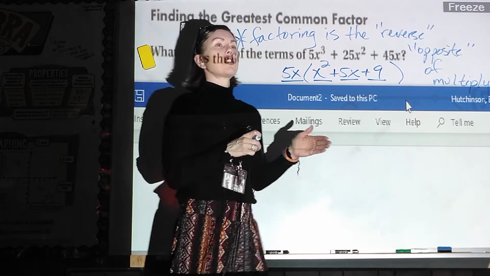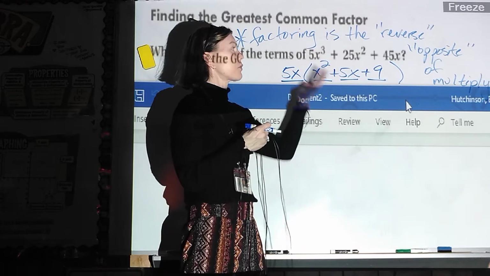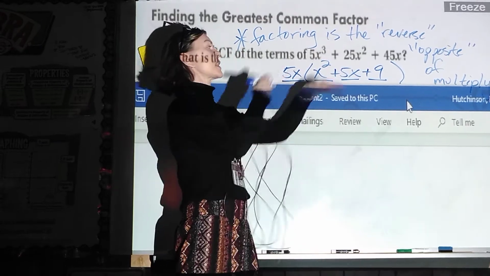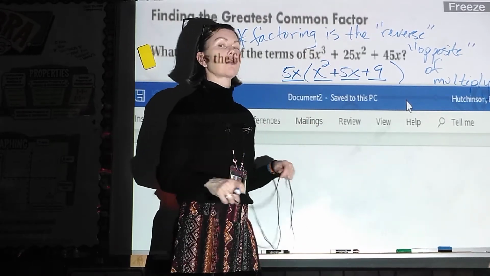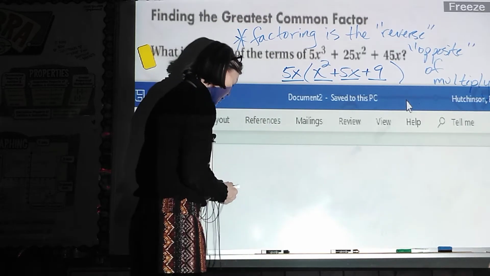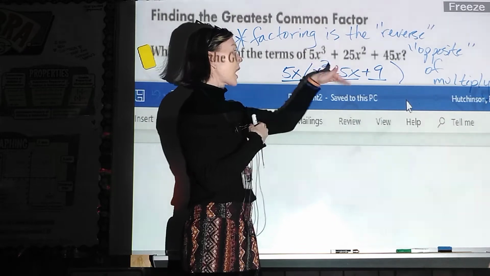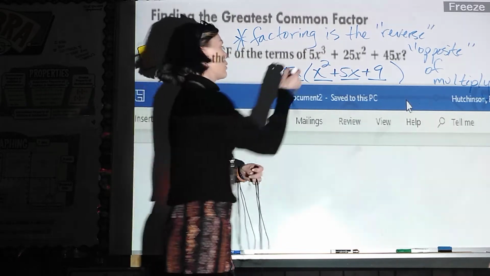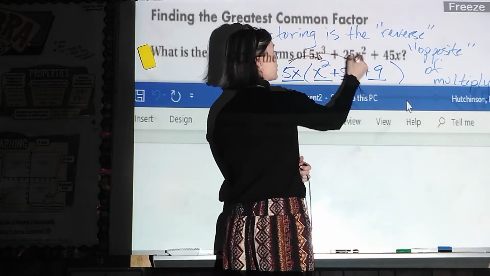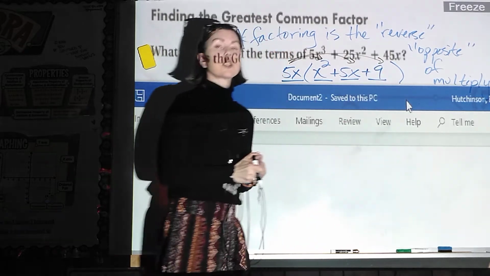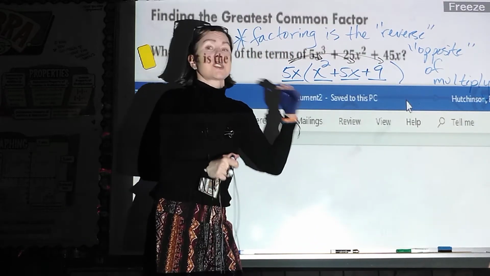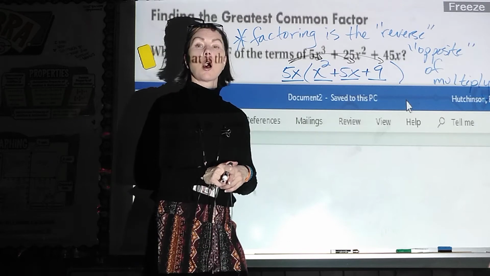So I just told you that factoring is the reverse, the backwards, the opposite of multiplying, right? So let me show that to you. We just factored it, right? So if we were to multiply this, if we were to distribute the 5x, 1, 2, and 3, we should wind up back where we started with the original.